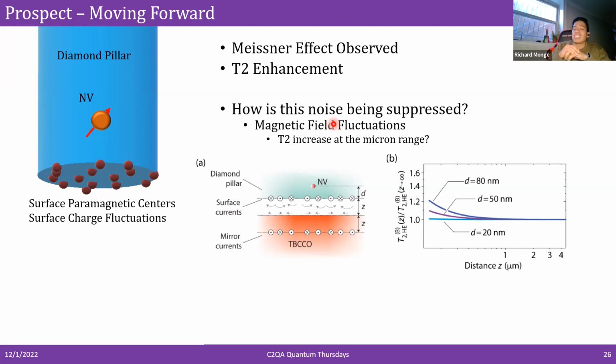So there's not enough magnetic field shielding coming from the Meissner effect from the superconductor, because even at the micron range, we still get some enhancement.